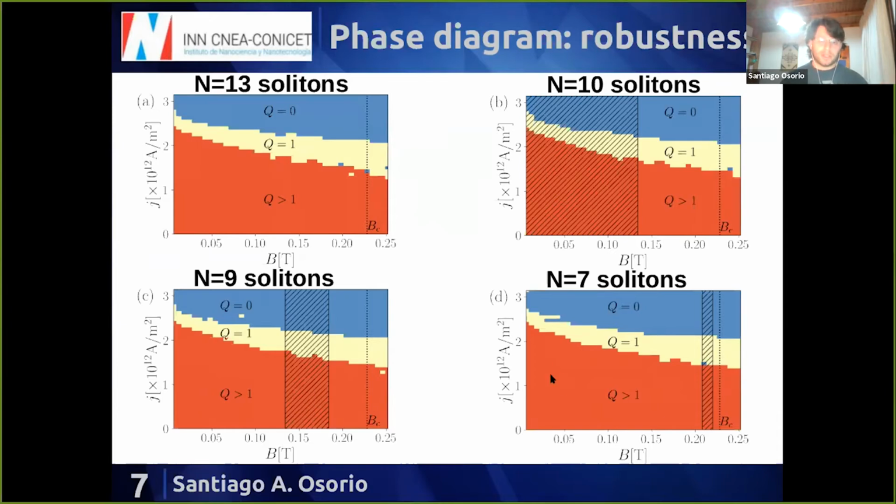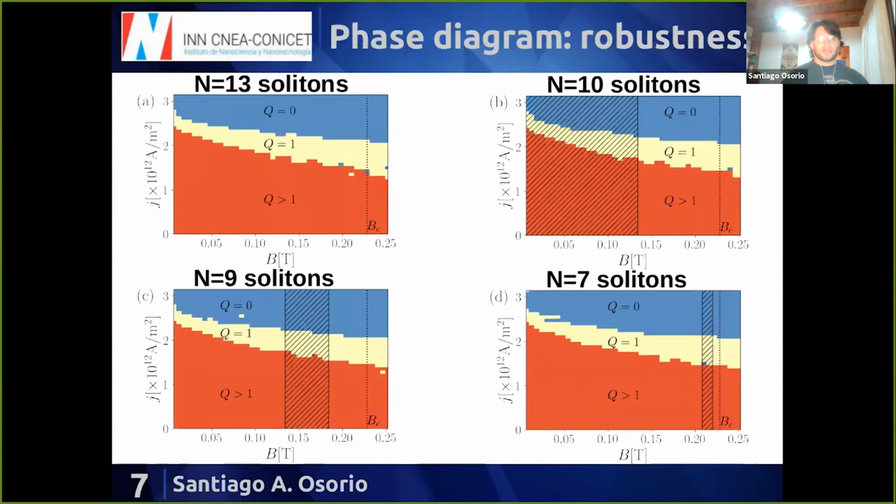For example, for a state with 9 solitons, in figure C, this state is stable for a magnetic field within the range 0.13 and 0.18 Tesla, but it is metastable outside this range. And what we see is that the region with Q equal to 1 remains almost unaltered. This is very important because it means that we can obtain a single chiral soliton by applying a current to a chiral soliton lattice, even if the initial state is a metastable one.